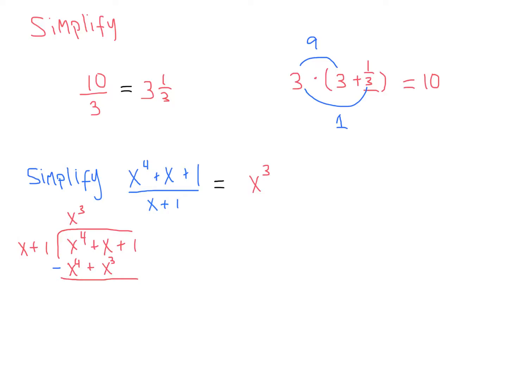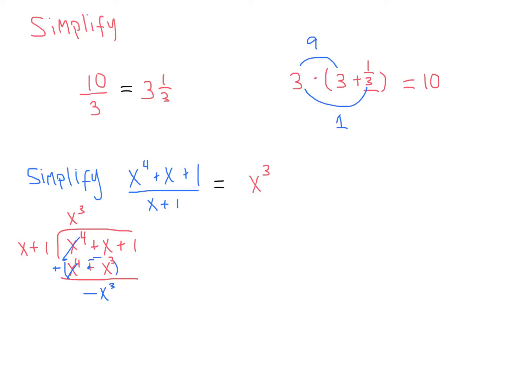I'll distribute in this negative, so this becomes negative x to the 4th, negative x to the 3rd. x to the 4th minus x to the 4th cancel. Now notice that I don't have any x to the 3rd powers here, so I have 0 x to the 3rd minus x to the 3rd, which is a negative x to the 3rd power.